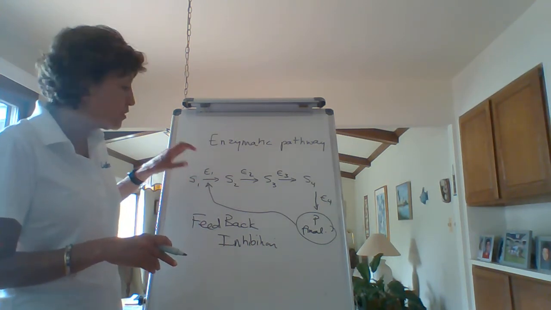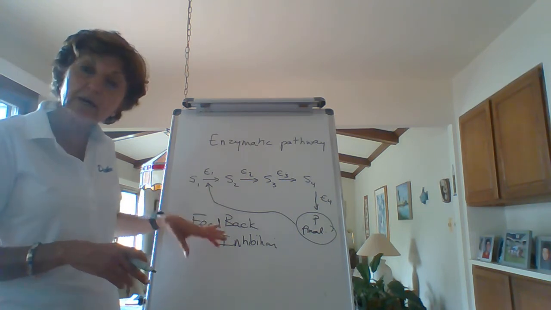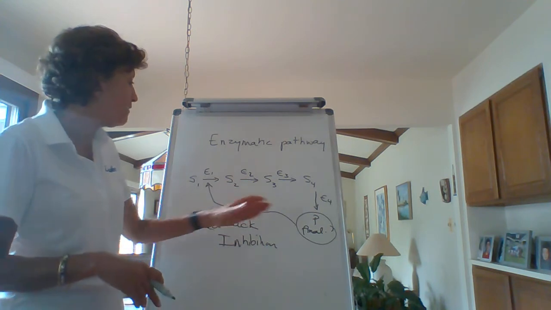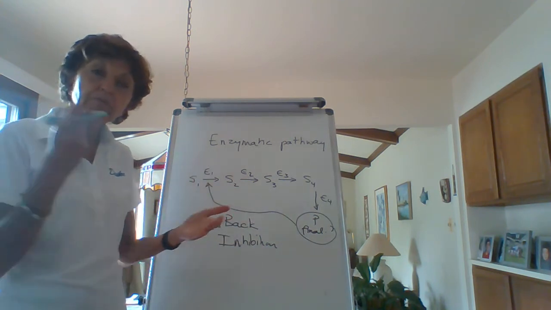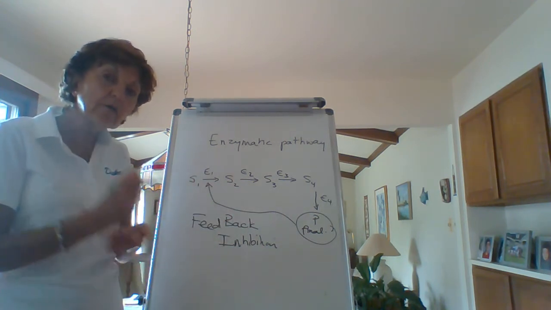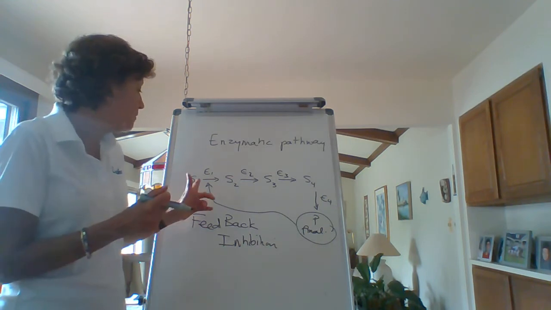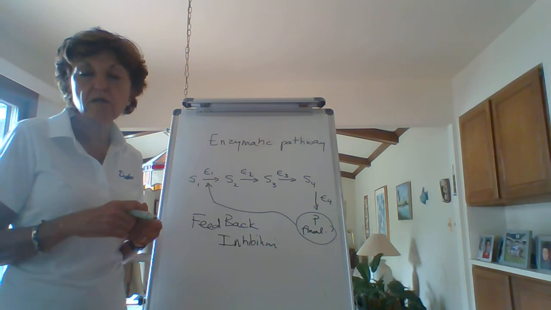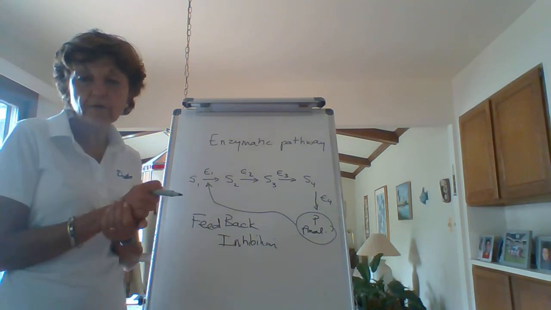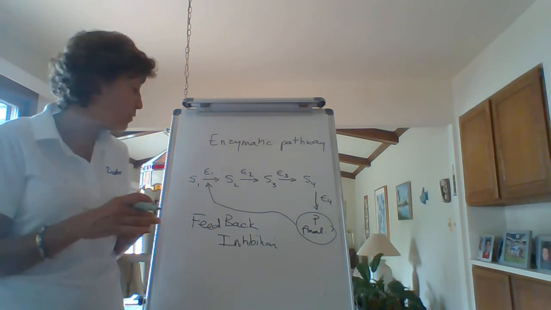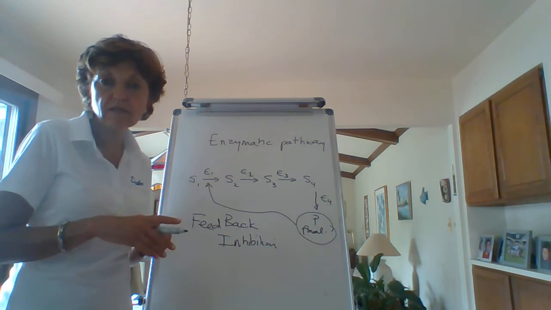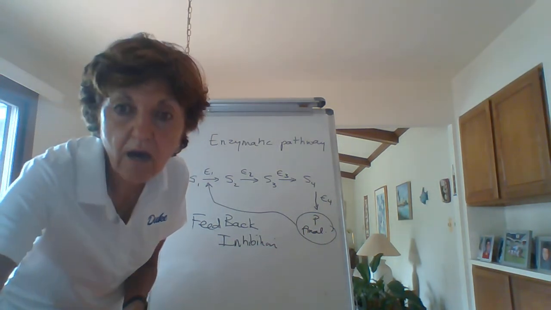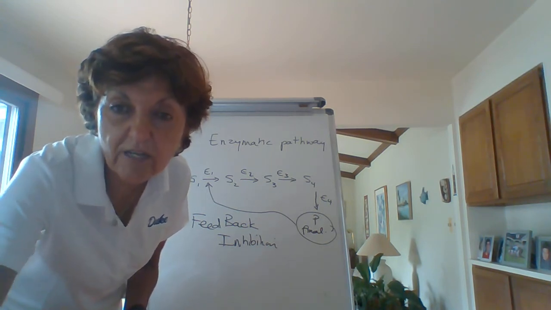So feedback inhibition is a type of non-competitive inhibition where the final product of a pathway feeds back and binds to an alternate site on the first enzyme of the pathway. Okay, good. We are all set with the basics of enzymes, and we're ready to move on.